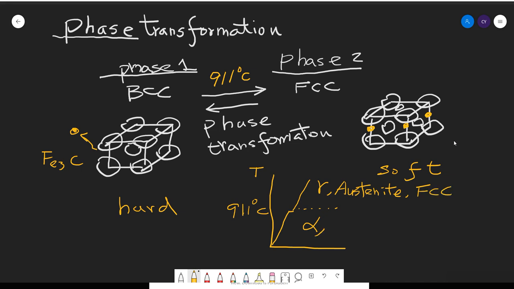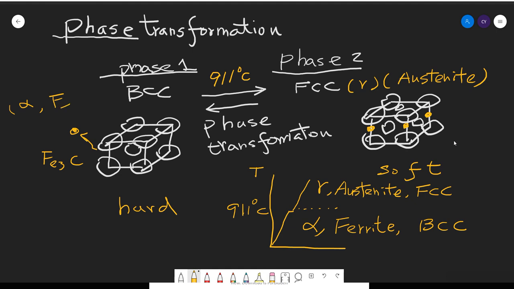And ferrite, we call ferrite, or BCC. So it is all the same. Gamma has the same name as austenite, and here we also call it ferrite, alpha or ferrite.